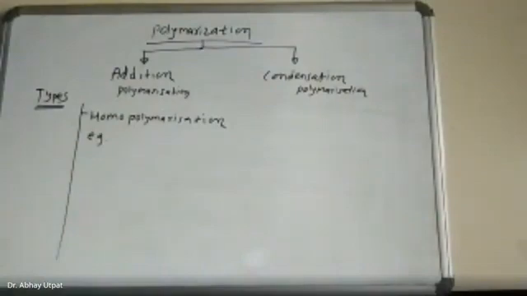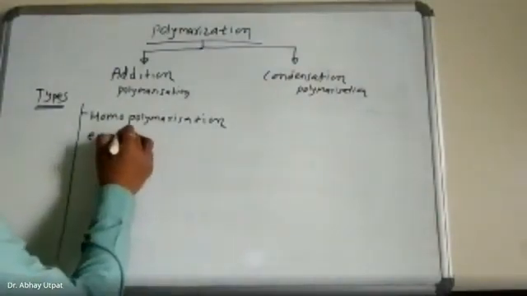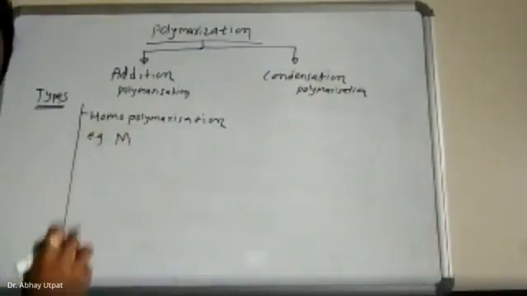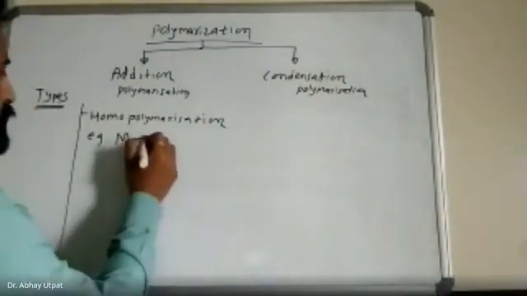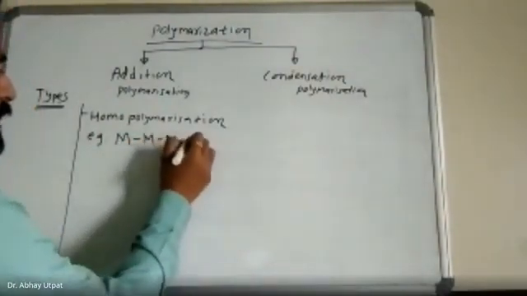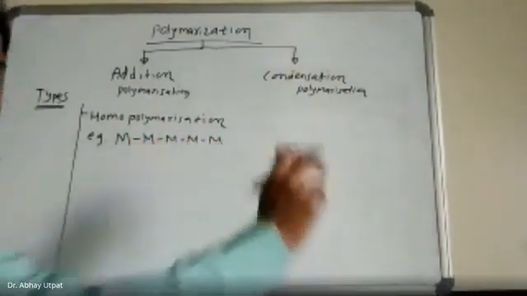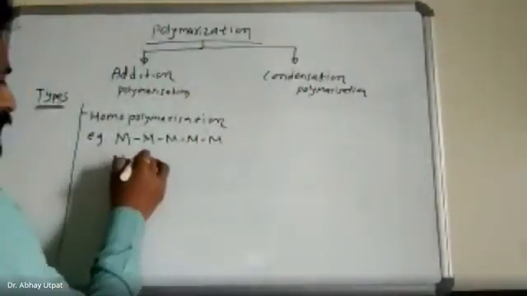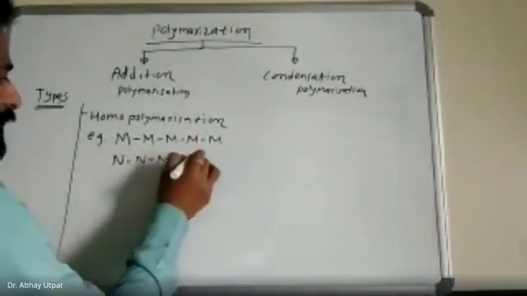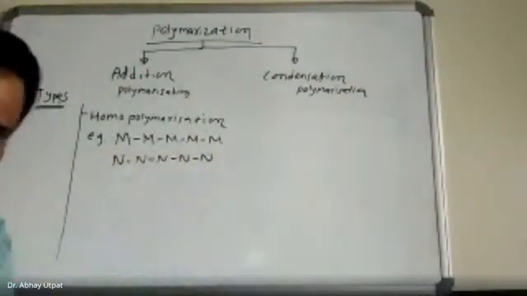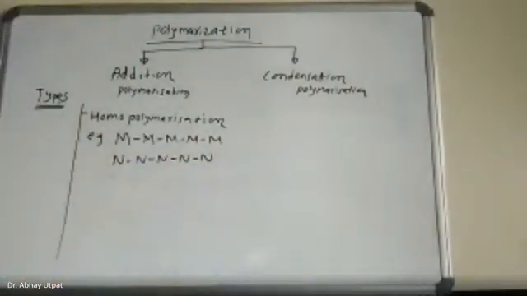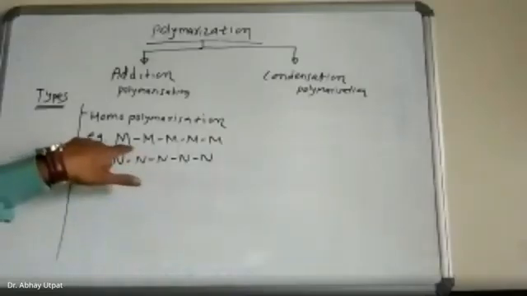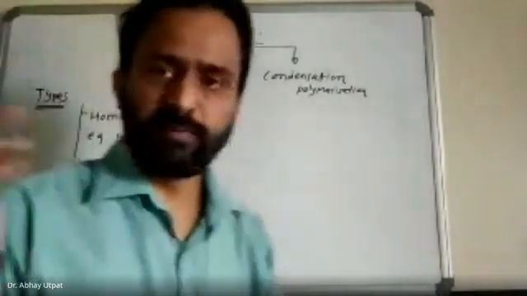Example, if M is monomer, then it is a continuous chain M, M in this way up to n numbers. So homopolymerization is simple. One monomer is attached to another monomer, the same monomer attached to another monomer in this way.